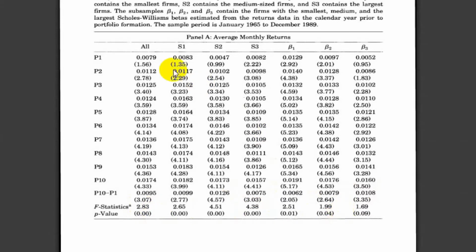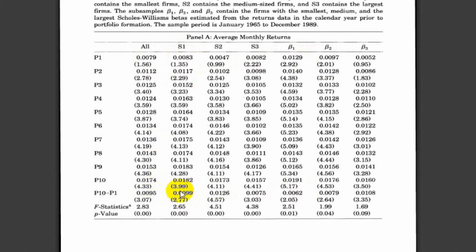The first thing we notice is that the returns to all of the stocks in the equally weighted portfolios are approximately the same as the returns in each of the subsamples. So this 7.9 is about the same as 8.3 and so forth, 0.79 and 0.83%. And so let's go down to the portfolio 10 minus 1 section.